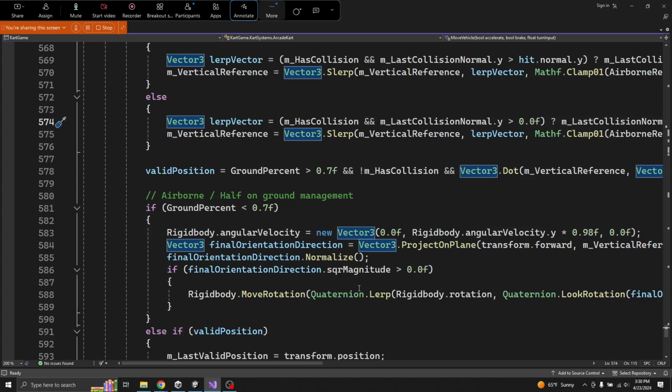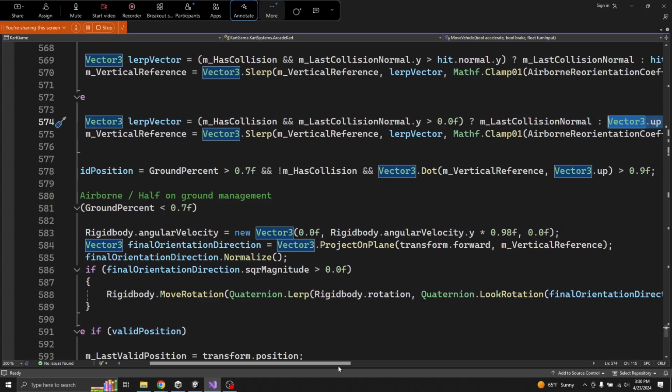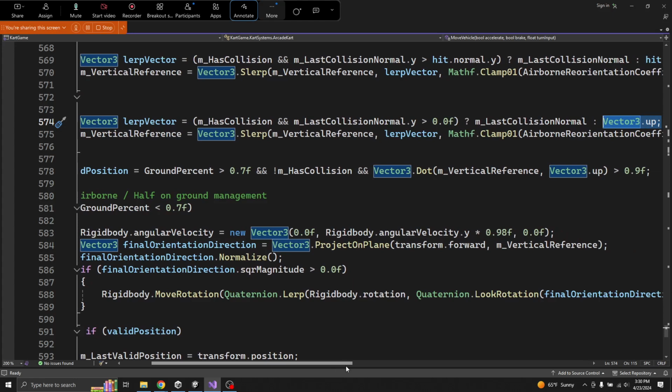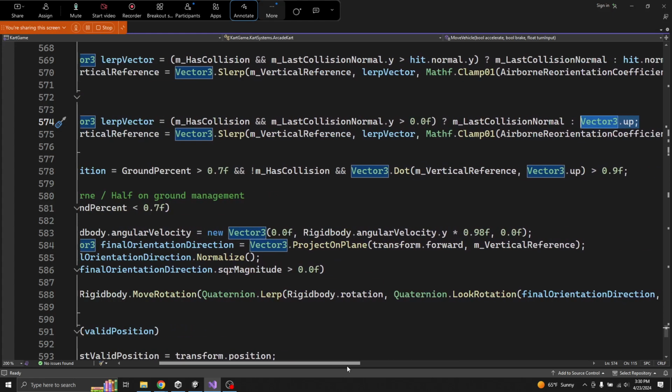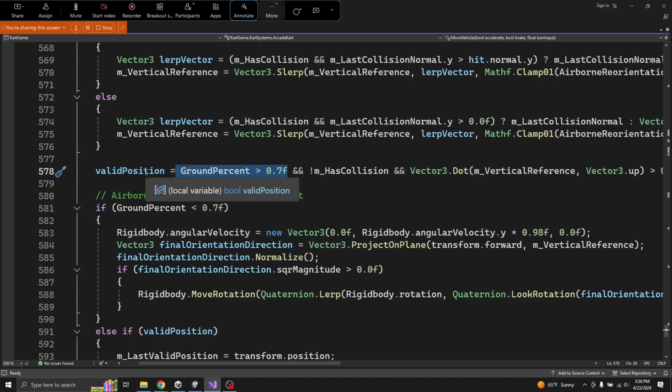So valid position. Ground percent is greater than 0.7. And we haven't had a collision in the dot. Let me take a look at this. So this valid position is going to be a bool.